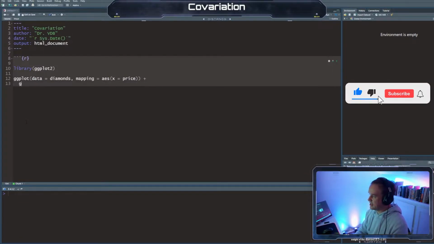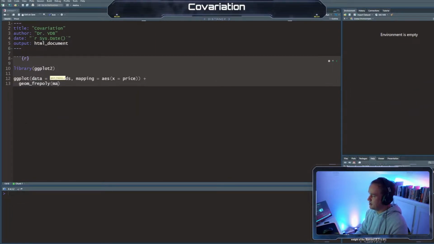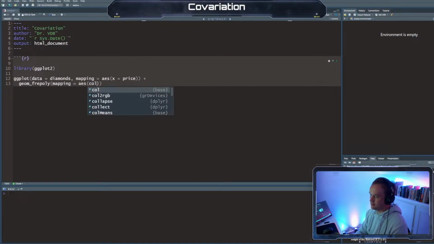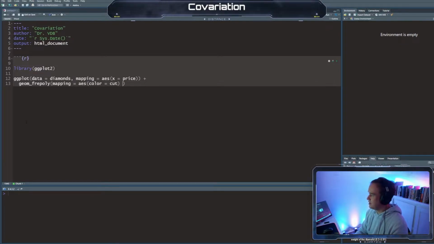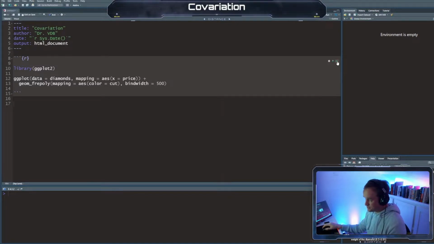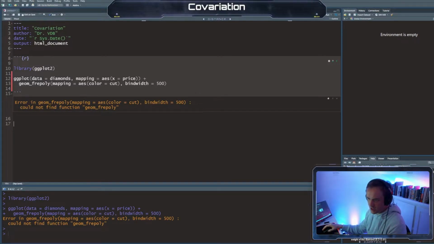Then we're going to add geom_freqpoly, a frequency plot, with a mapping of aesthetic where color equals cut, and binwidth equals 500.